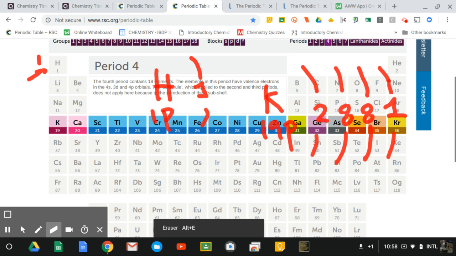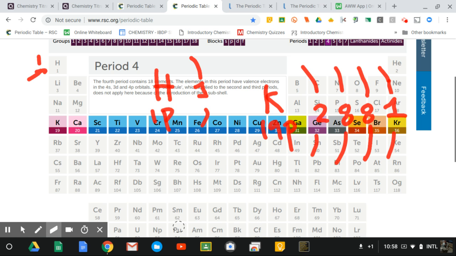I'm trying to erase everything, but then I think I need to use my, so this is the way the periodic table is organized by group, period.